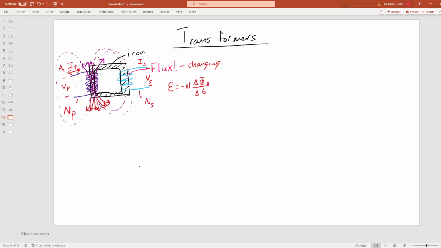But so the entire point is that because your EMF is proportional to the number of turns, that means that the voltage of your primary is proportional to the number of turns of your primary, and the voltage of your secondary is proportional to the number of turns of your secondary.